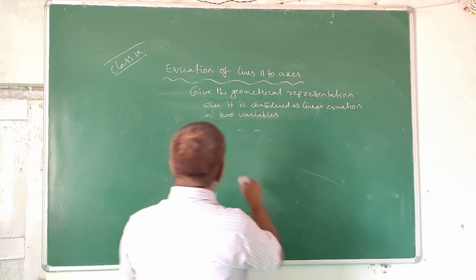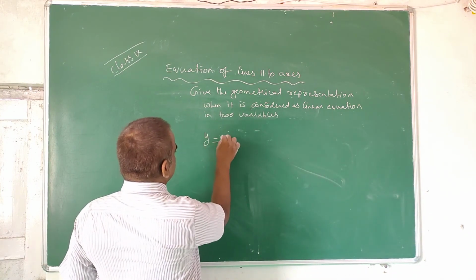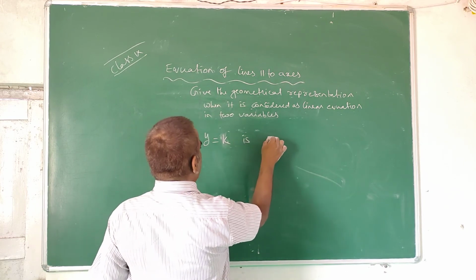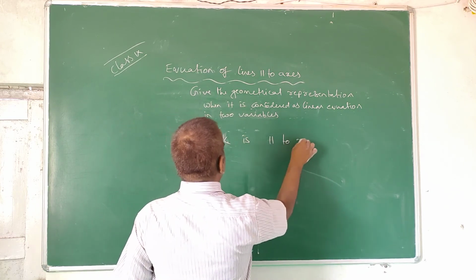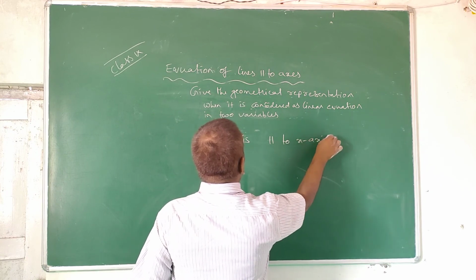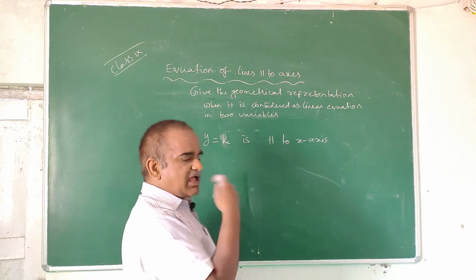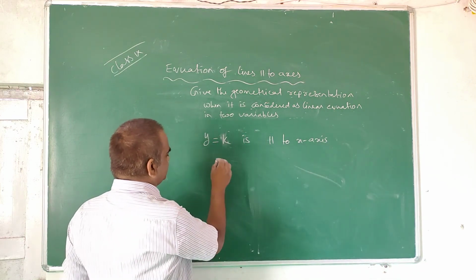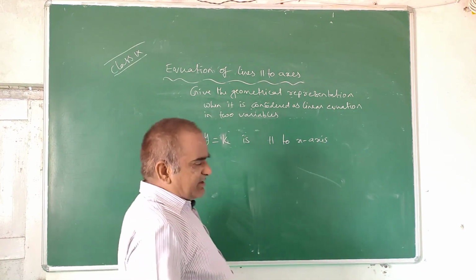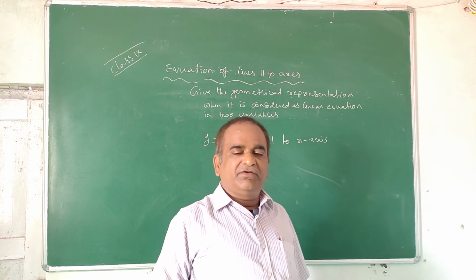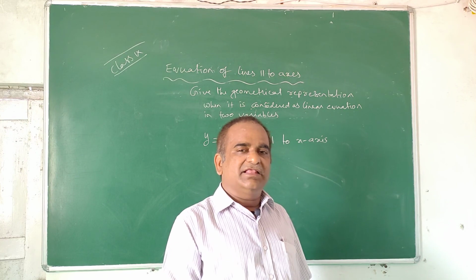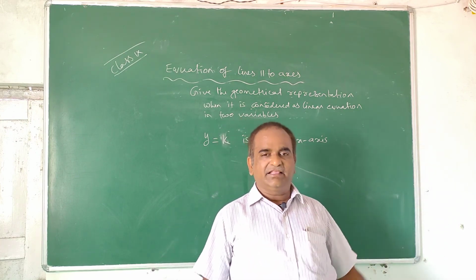The conclusion we can give is, any equation of the form y is equal to k is parallel to the x-axis. If k is greater than 0, it will be above the x-axis, and if k is less than 0, it will be below the x-axis. Understood?